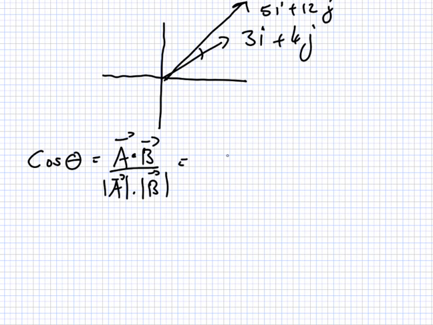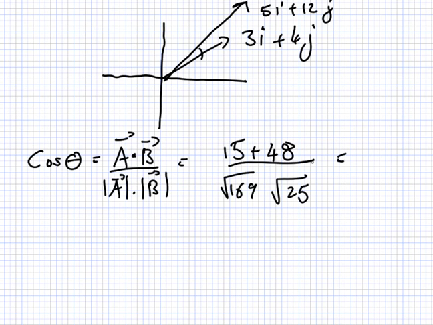So that would be 15 plus 48, all over square root 169 times square root 25. On the top we have 63, isn't it?